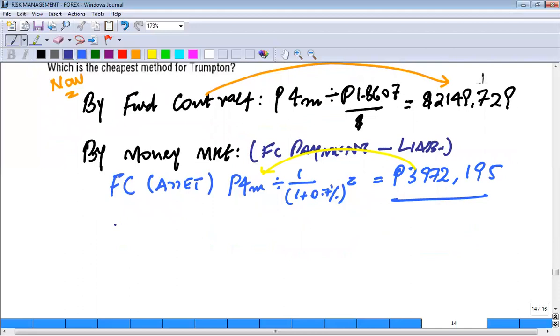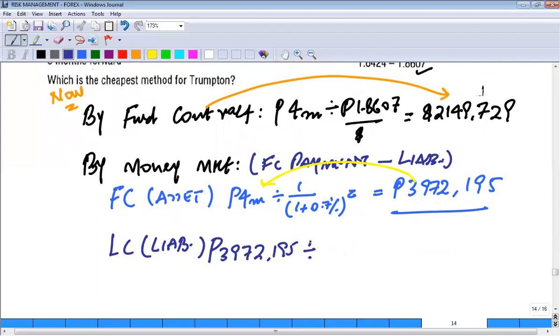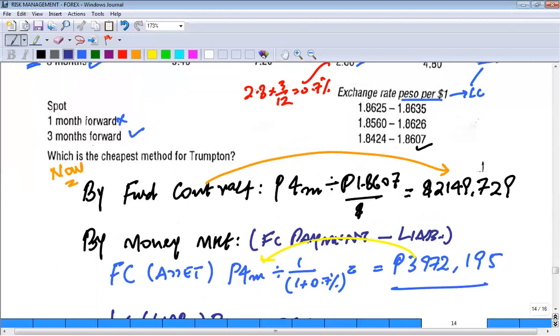But on the other hand, we have to arrange the local currency liability. Pesos 3,972,195 we have to borrow. So that means we have to buy it in the spot. We will buy, bank will sell.